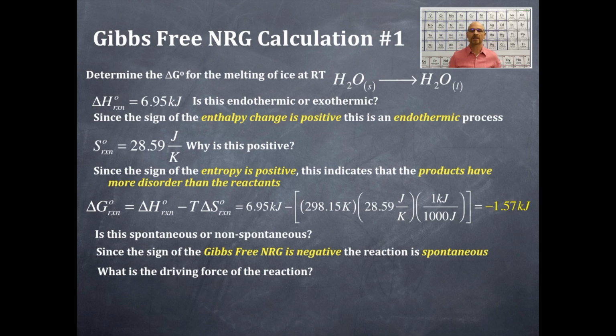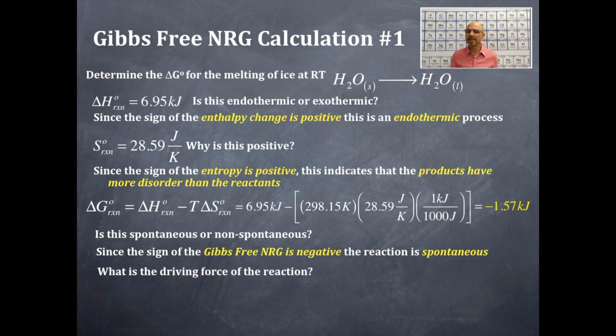What is pushing this reaction forward? Is it the enthalpy or is it the entropy term? We've got to figure out which term is larger. Since they have different kinds of units, entropy is joules per Kelvin and enthalpy is kilojoules, we can't compare those values right there.